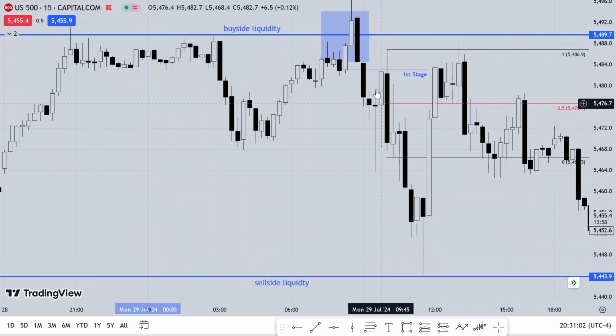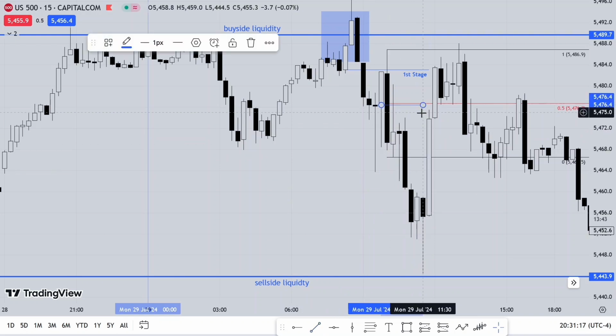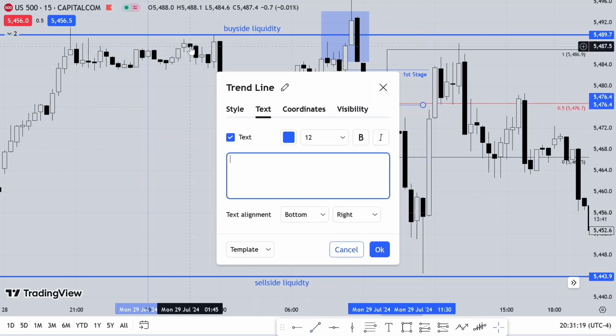And then price will trade up to this other block because this low has not been violated. When price retraces higher for the second stage distribution, price will trade higher to a bearish order block, which is the second stage distribution.